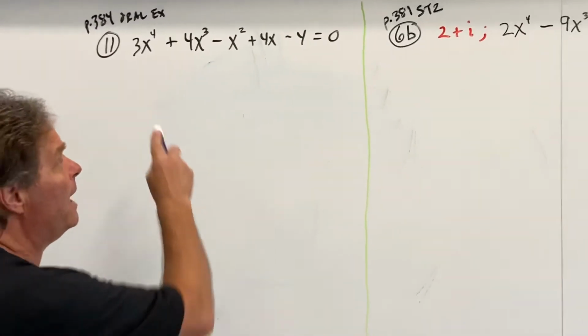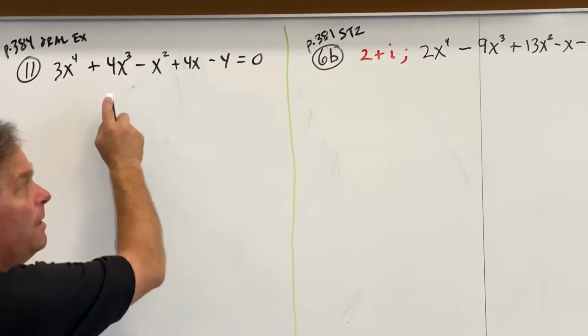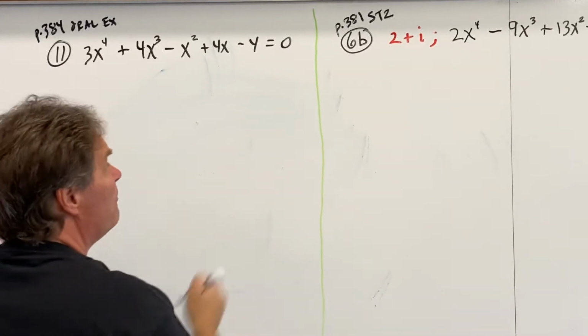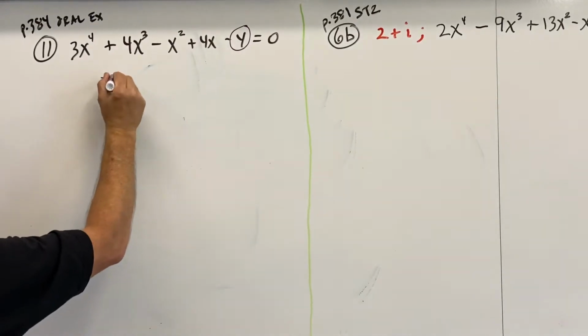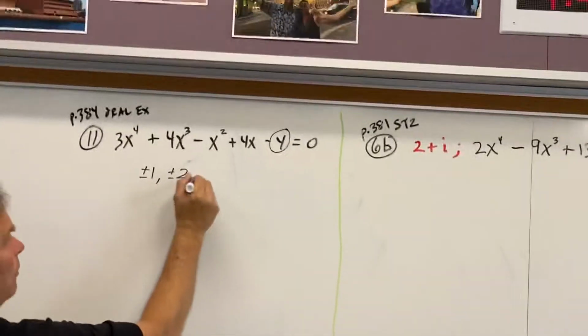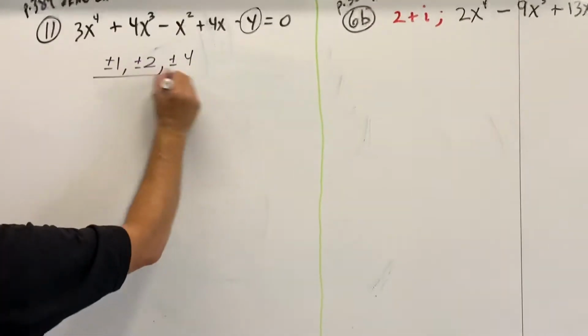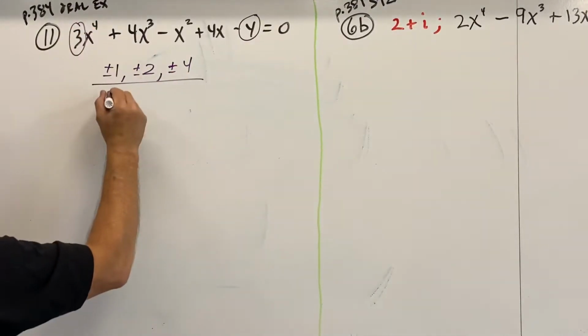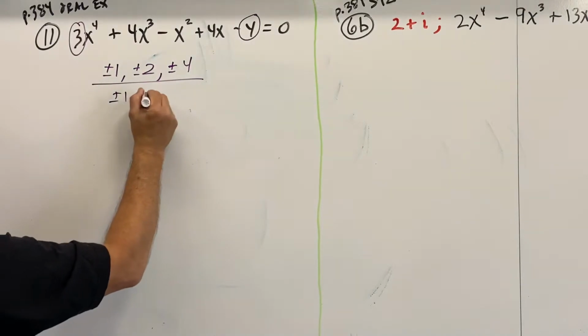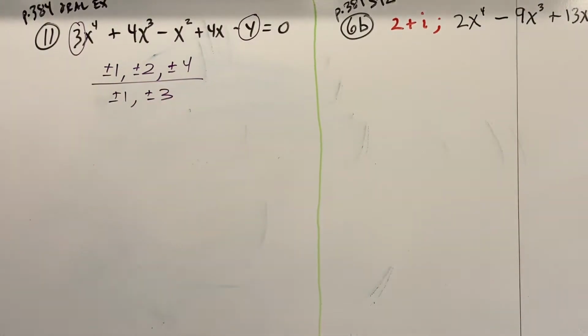If there are rational roots to this equation, they have to be of the form factors of the constant on top, so factors of 4, like plus or minus 1, plus or minus 2, plus or minus 4, over factors of 3 on bottom, plus or minus 1, plus or minus 3. Every possible fraction we can make out of those tops and those bottoms is going to give us the possible rational solutions.